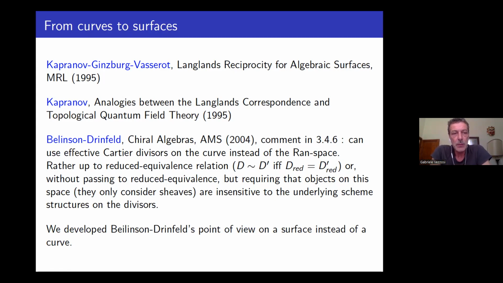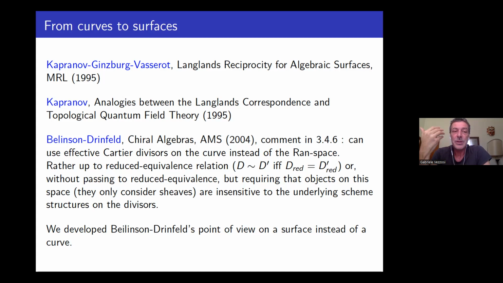And I wanted also to list this book by Beilinson-Drinfeld, Chiral Algebras, from 2004, just because there is a comment. The book is a wonderful book, but the thing that interested us was this comment in 3.4.6.